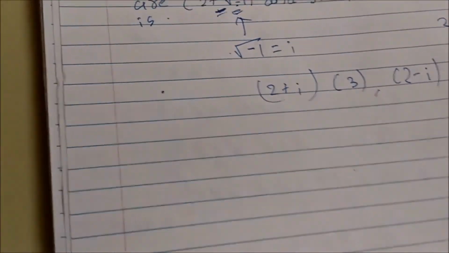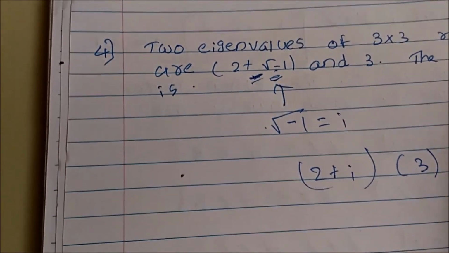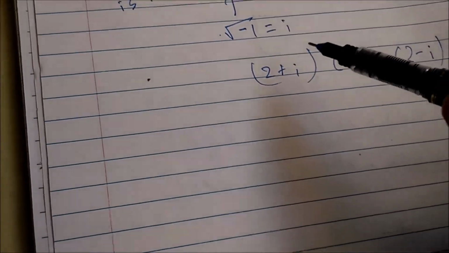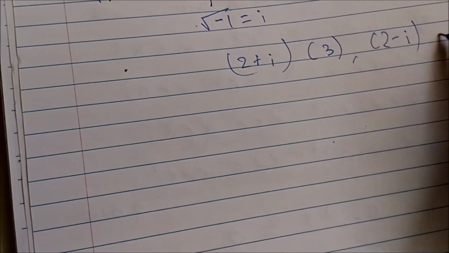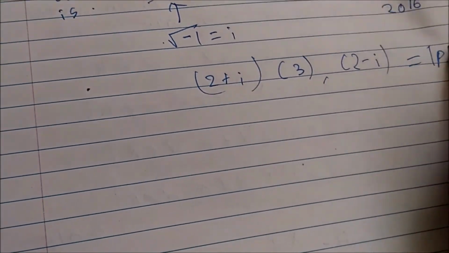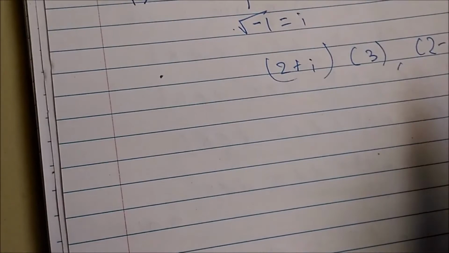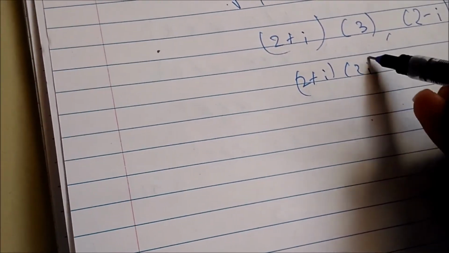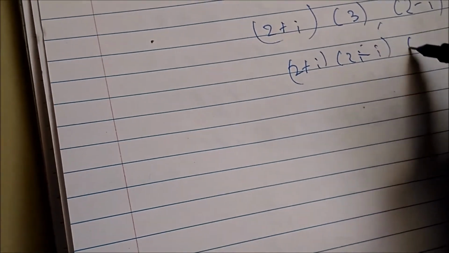Now we know the properties. We are asked for the determinant, and we know that the product of eigenvalues is equal to the determinant. So we will multiply 2 plus i, 2 minus i, into 3.